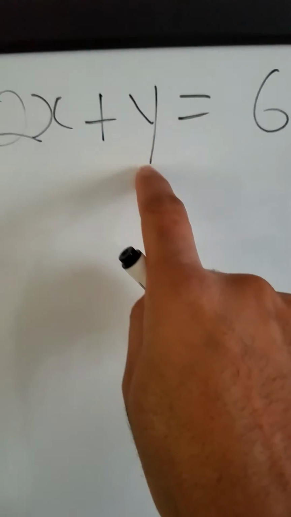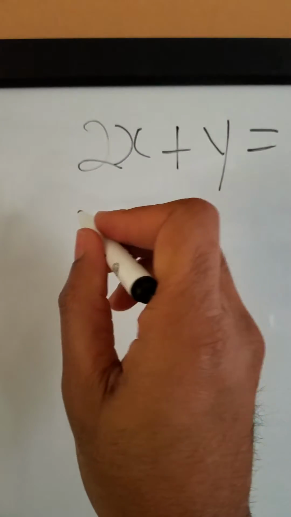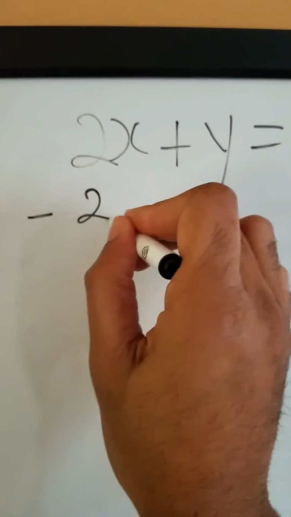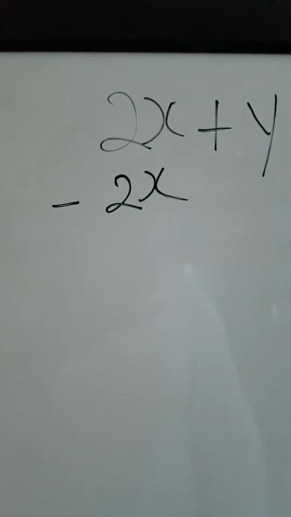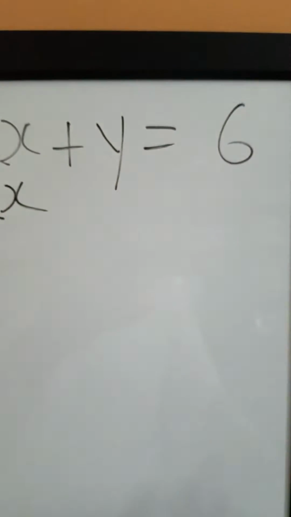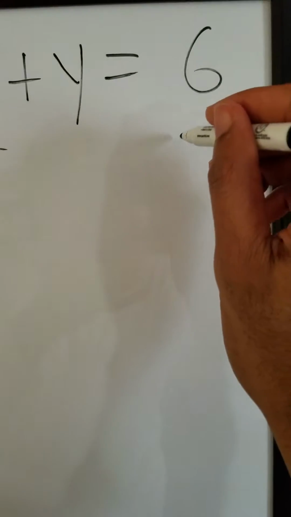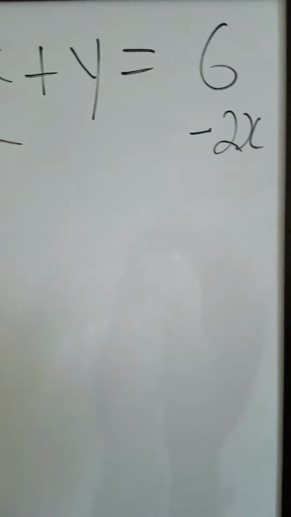To get this y variable by itself, we need to get rid of the 2x that's right next to it. And the best way to get rid of a positive 2x is to simply subtract 2x from it. Knowing that we have an equation and we must maintain this equal sign, if I subtract the 2x on this side, I also have to subtract the 2x on this side.